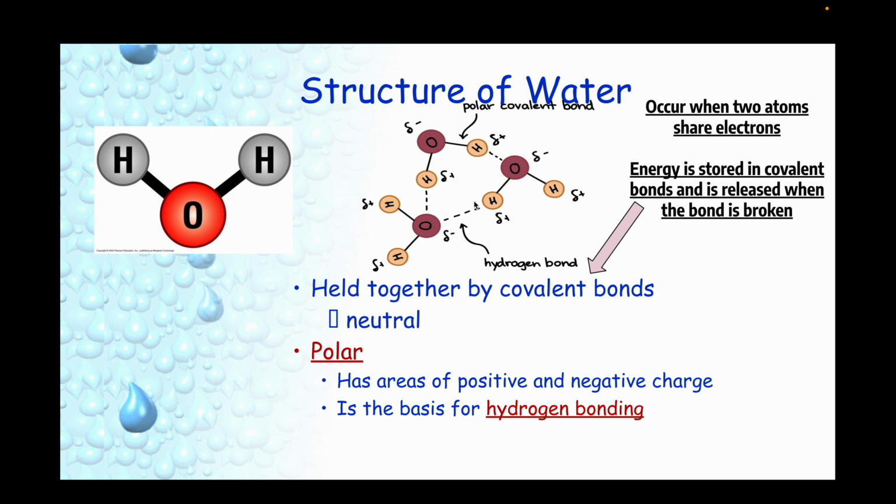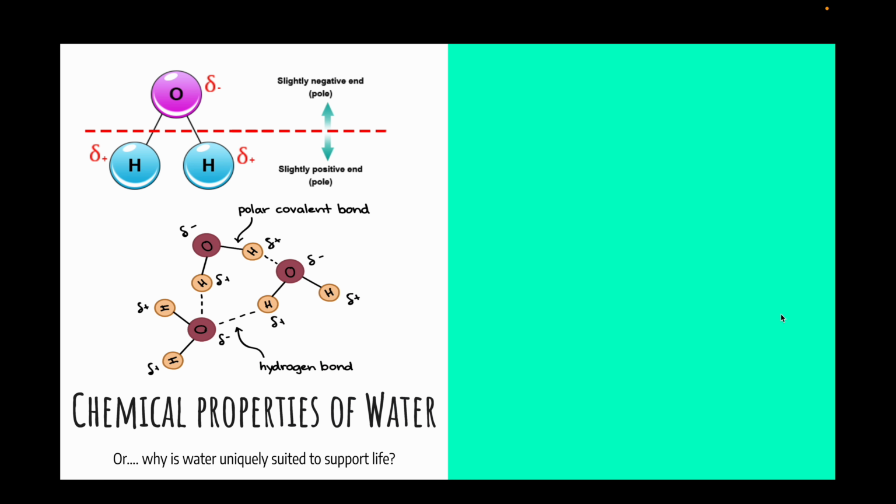So you want to remember that water has a polar covalent bond, right? All right, so let's get into the chemical properties of water. So why is water uniquely suited to support life on Earth?